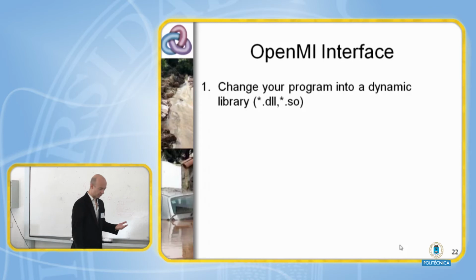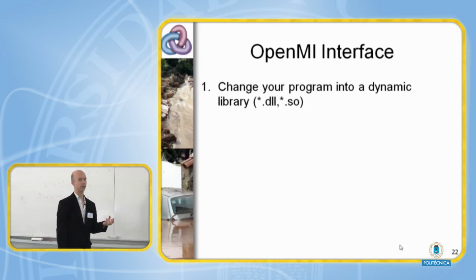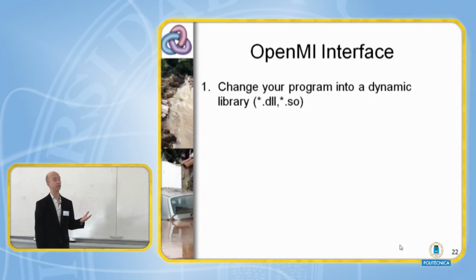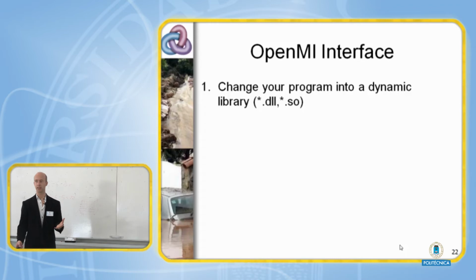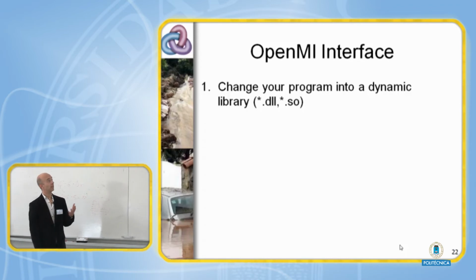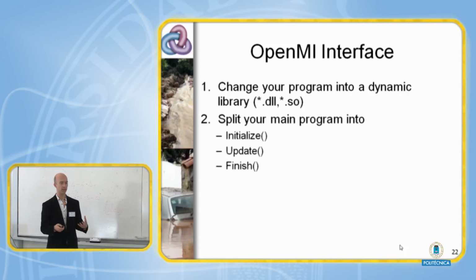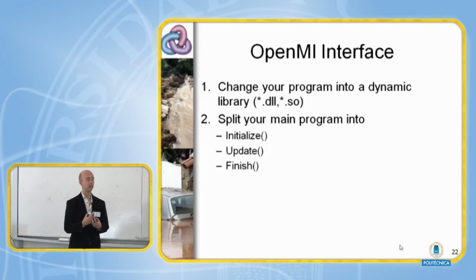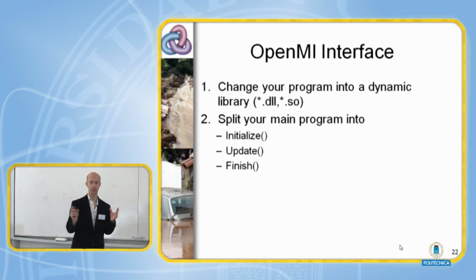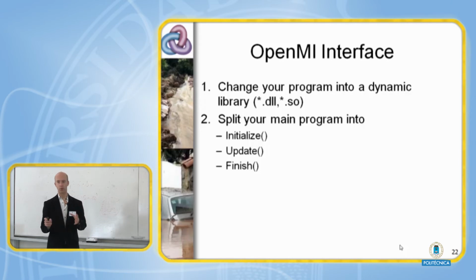So what's needed to convert a model into an OpenMI component? The first step is to change your executable into a DLL or shared library. Then the next step is to split the main program loop into initialize, time step, or update as it is called in OpenMI, and finish parts. There are a few more elements to it, but the main ingredients are these.